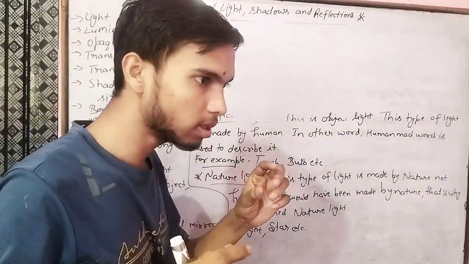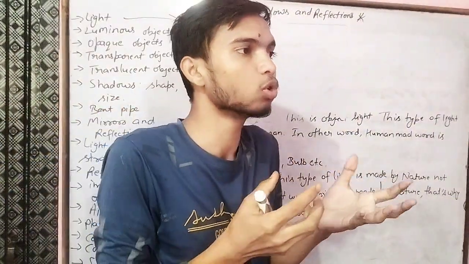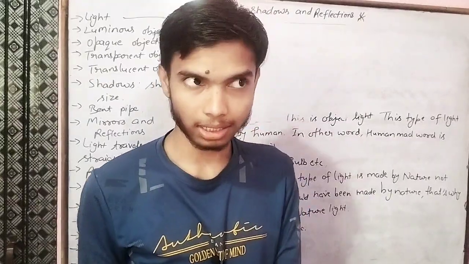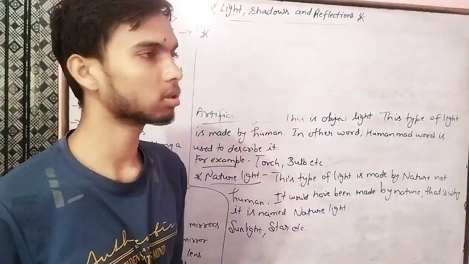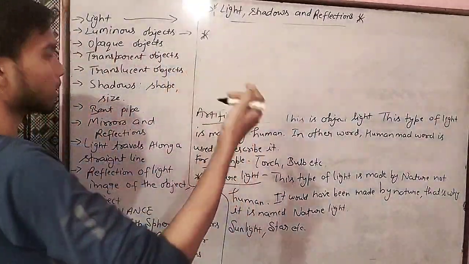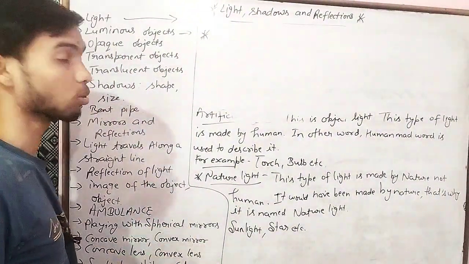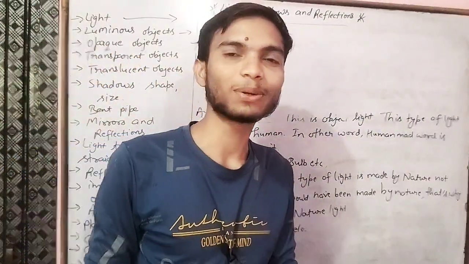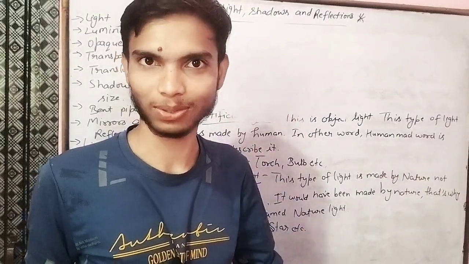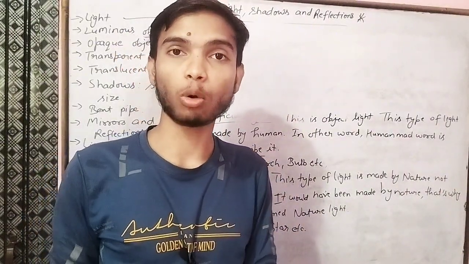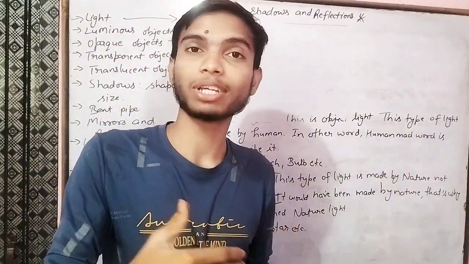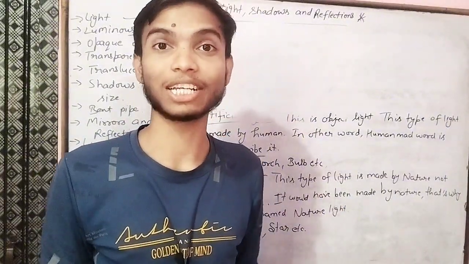Clear? So examples of luminous objects are sunlight, torch, stars. Marker, bird, wall, car, house? No. Marker, car, house are not examples of luminous objects. Here we are talking about objects which have their own light, so artificial light and natural light.